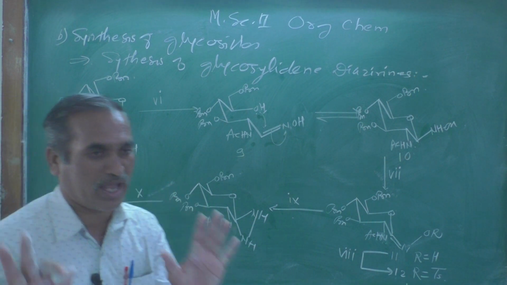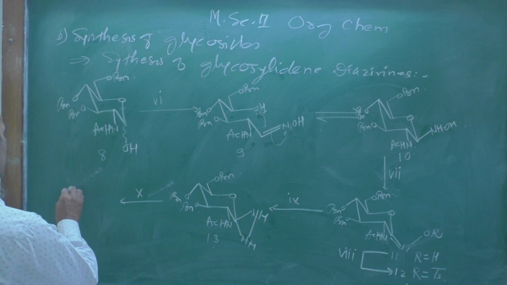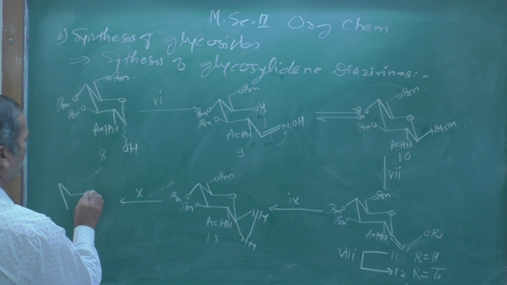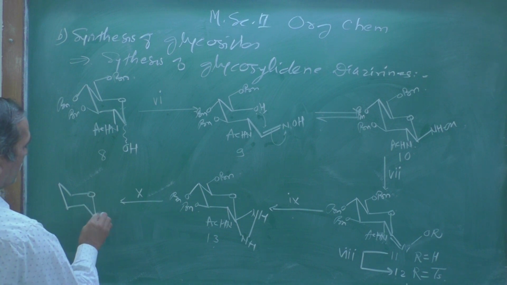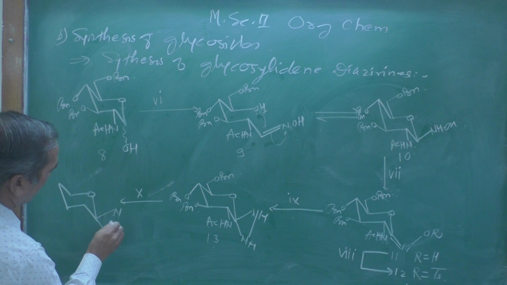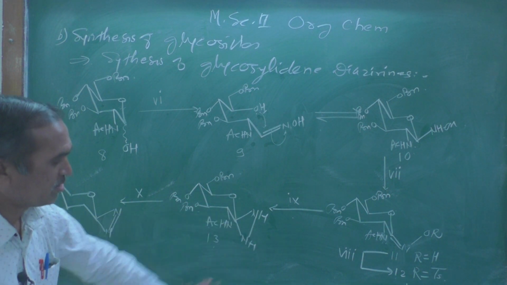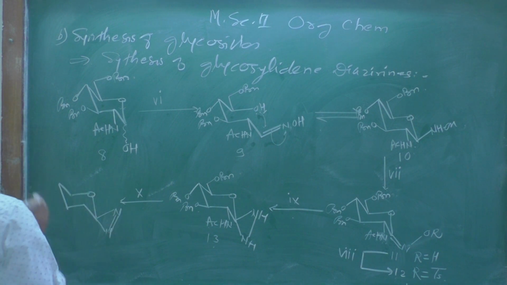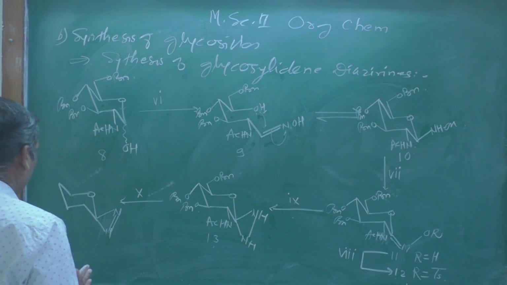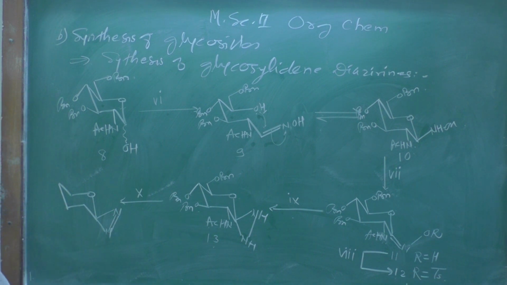And finally this 3-membered ring, structure number 13, when it is treated with reagent number 10, produces the product, this one. Look at this 3-membered nitrogen containing compound, which is the diaziridine.